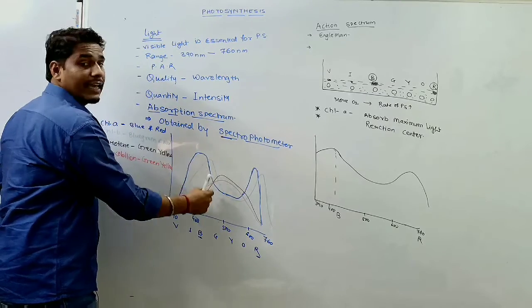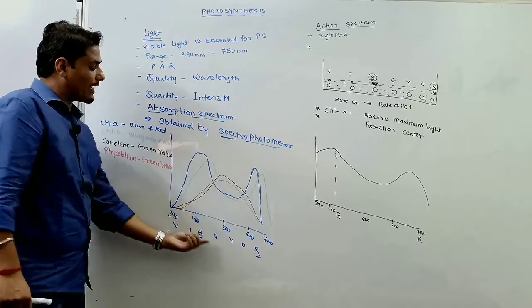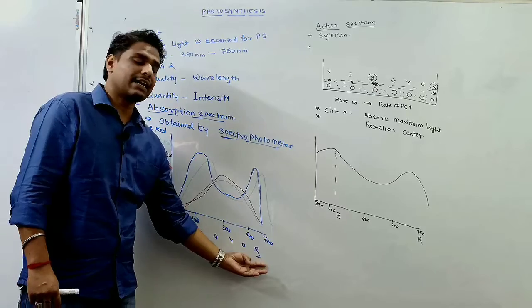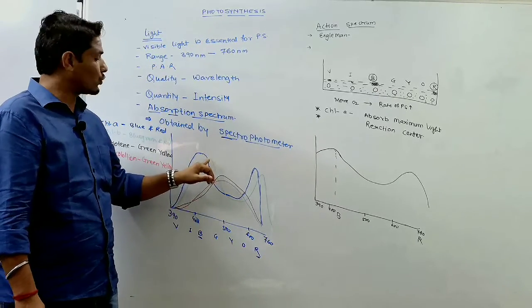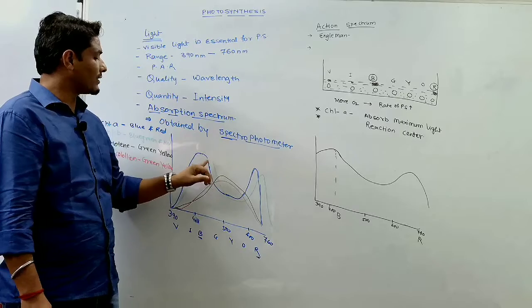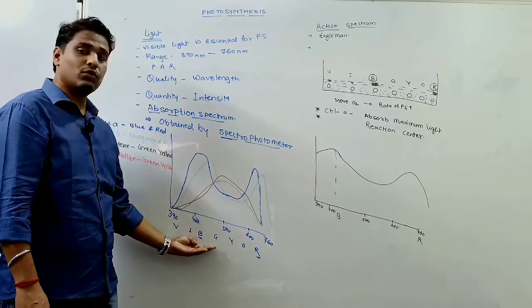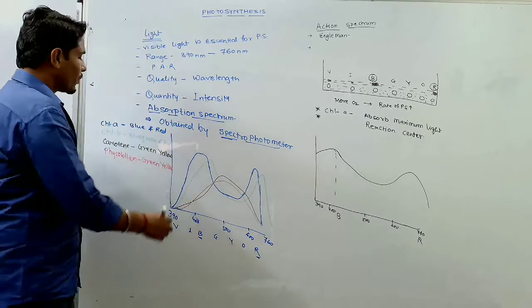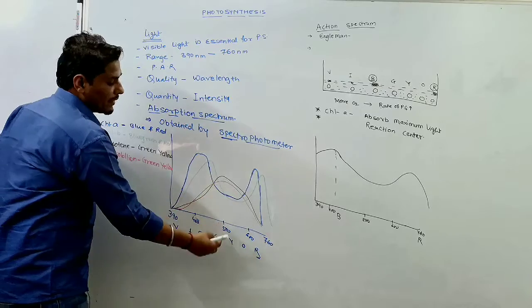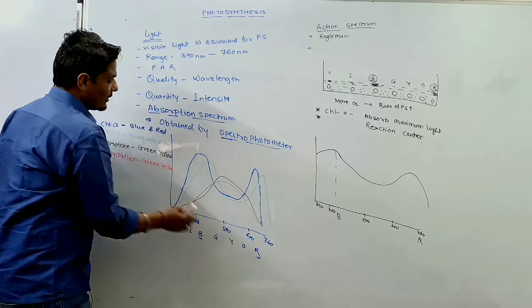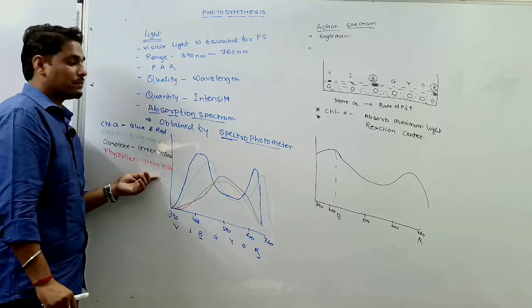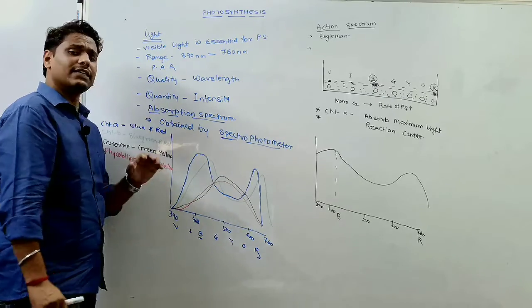Chlorophyll A absorbs maximum light at the blue region and at the red region, and chlorophyll B also shows two different peaks against absorption, in the blue region and red region. Carotene absorbs light in between green and yellow region, and phycobilin also absorbs green and yellow colored light.